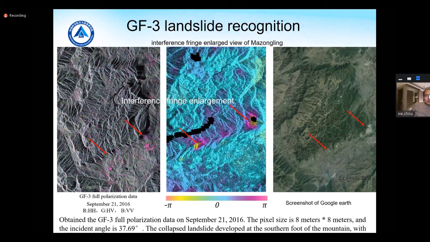Here I show you the Chinese GF3 data, used for landslide recognition. We obtained the GF3 full polarization data in 2016.